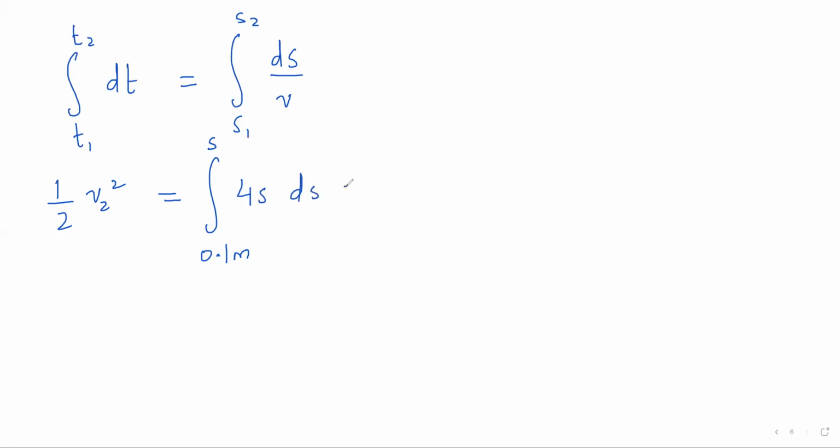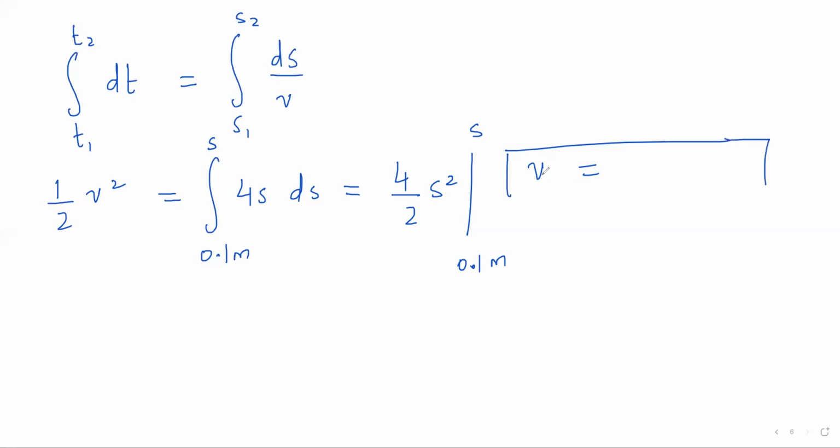It will be equal to 4 by 2 s square, the integral, and I will put 0.1 meter with an s. Instead of v2, you can remove this, because you do not have it. Just put a general v. So tell me the expression.